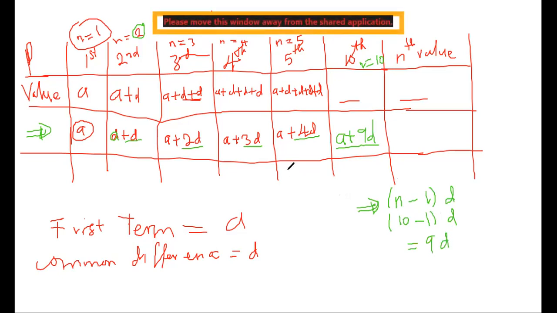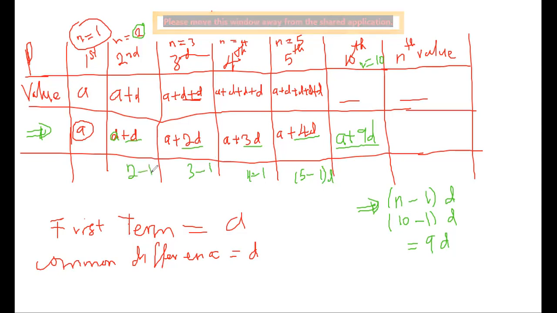So here it was 5 minus 1 times D, here it was 4 minus 1, here it was 3 minus 1, here it was 2 minus 1.